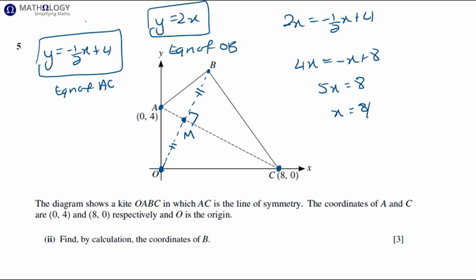X equals 8 over 5. This represents the x-coordinate of the point of intersection, M. So to find M's y-coordinate, we substitute x equals 8 over 5 into either of these two lines. But it's far easier to substitute into the simpler one, y equals 2x. So y equals 2 times 8 over 5. Y equals 16 over 5. M is therefore the point 8 over 5, 16 over 5.